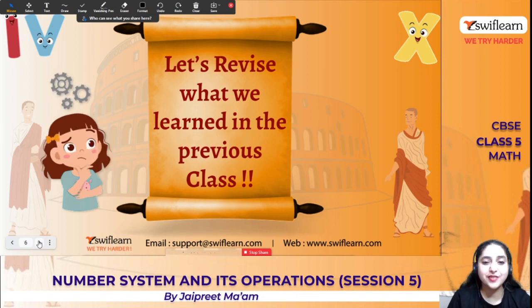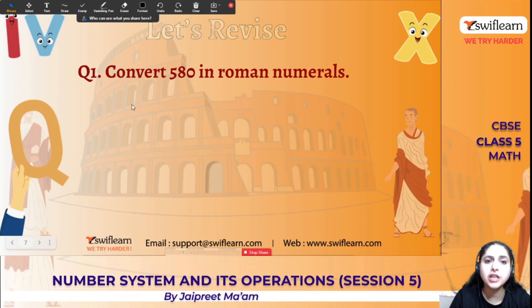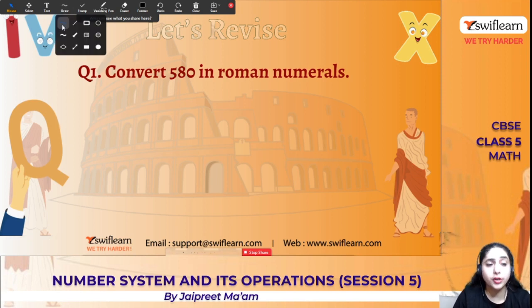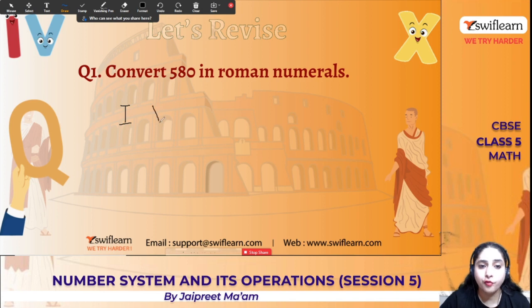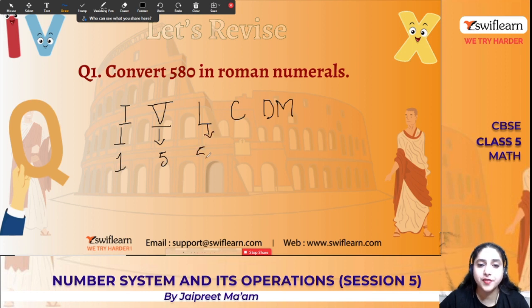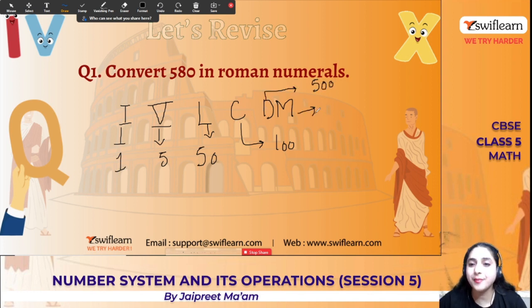First, let's revise what we have learned in the previous class. Convert 580 in Roman numerals. First I will tell you once again: there are some basic numbers like I, V, L, C, D and M. I represents 1, V represents 5, L represents 50, C represents 100, D represents 500 and M represents 1000.